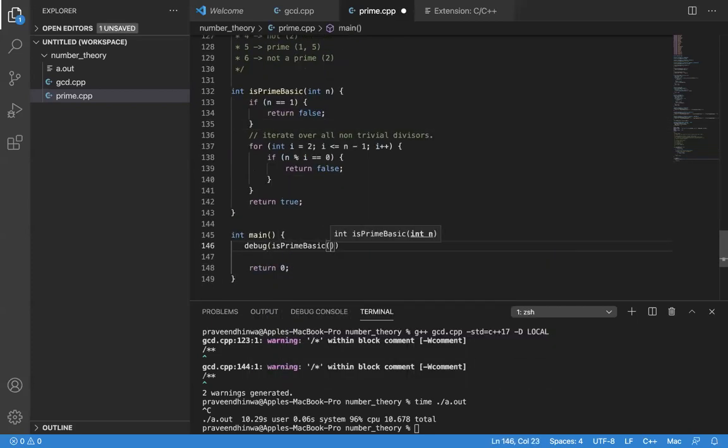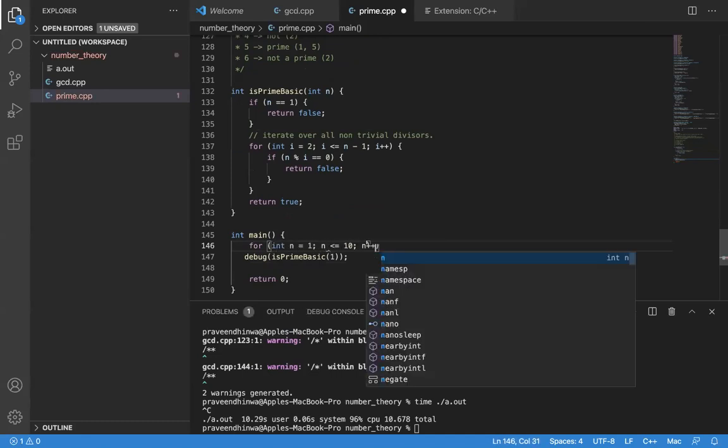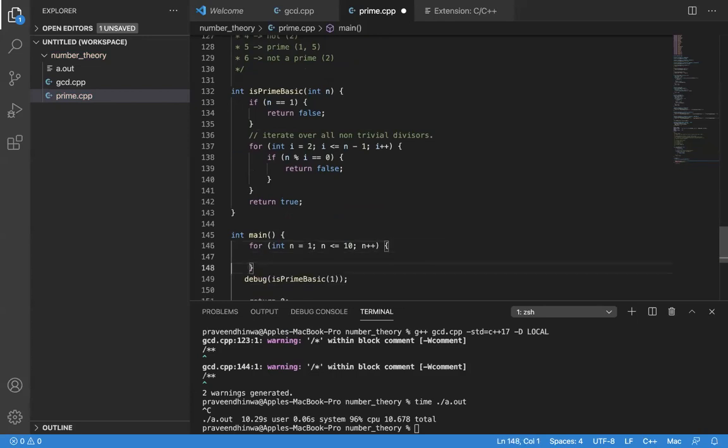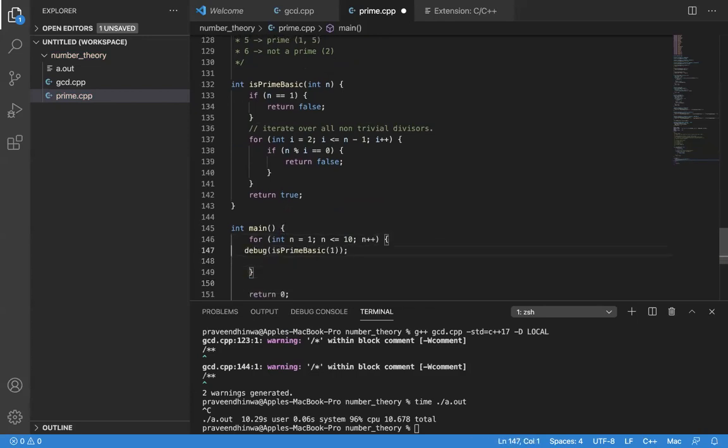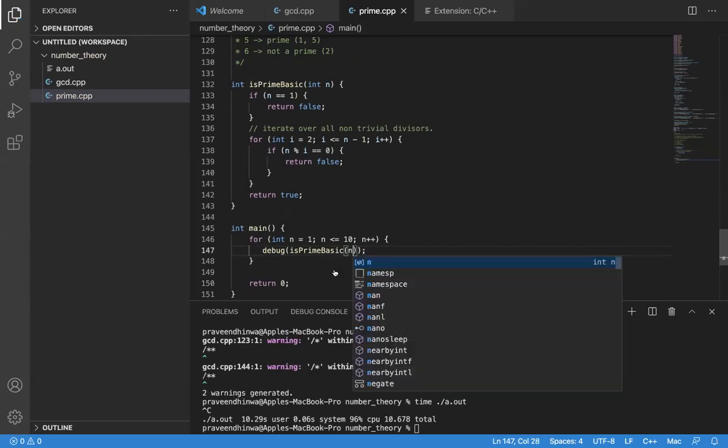isPrimeBasic of, let's say, 1. Let's try from 1 to, let's say, 10: for n less than 10, n plus plus. Let's test how many of them are prime numbers.